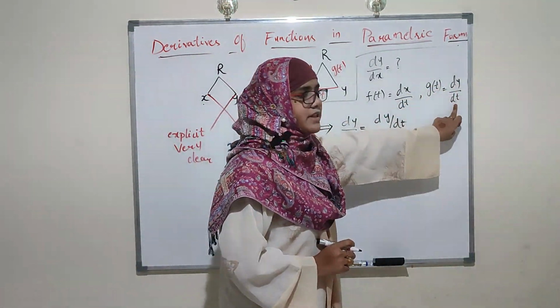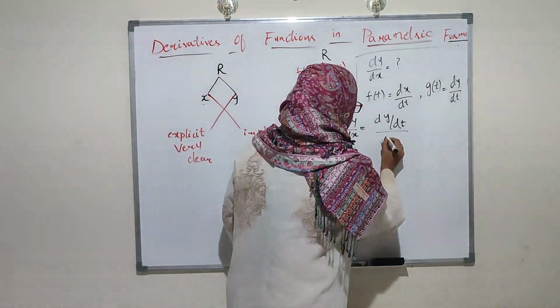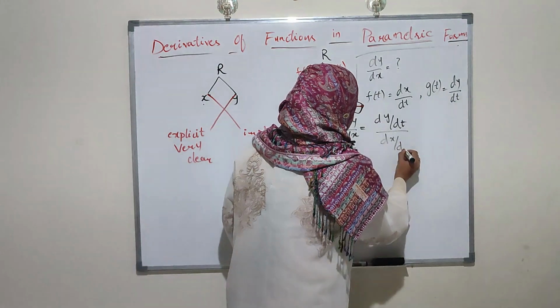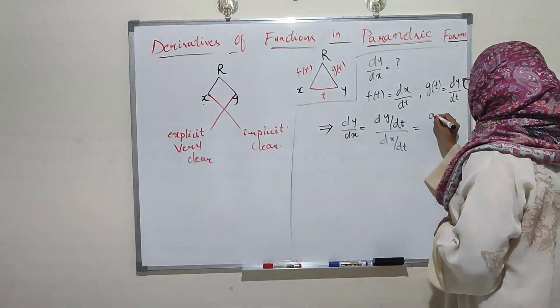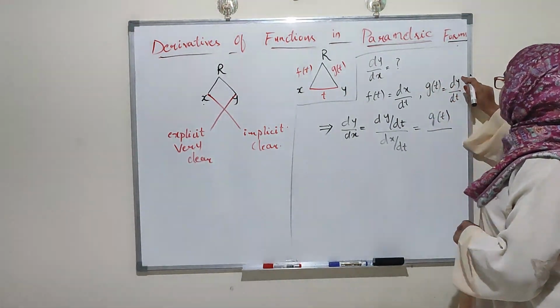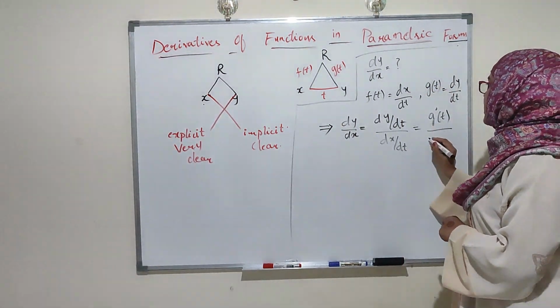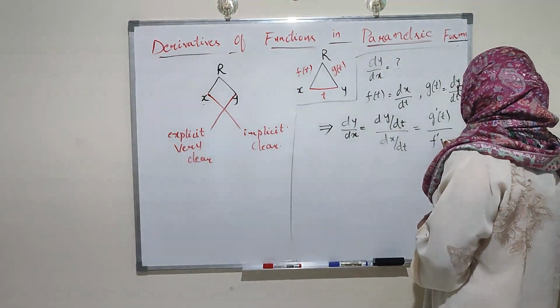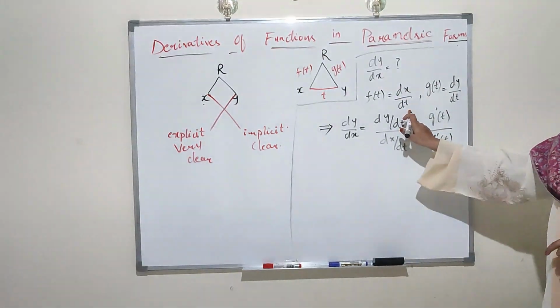We are differentiating y with respect to t, and f of t is nothing but dx by dt. Or we can say g of t divided by f of t. But we are differentiating with respect to t, that's why we have to take g dash of t and f dash of t. Here we are differentiating x with respect to t.